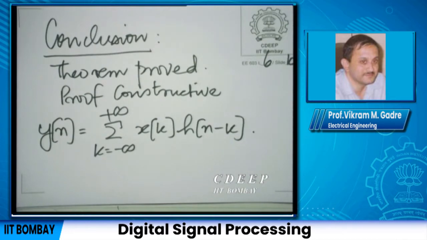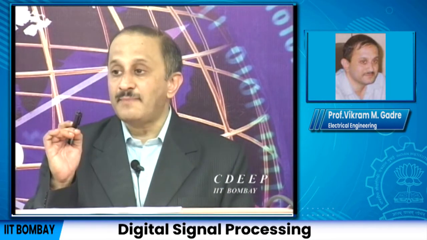So, you can visualize this. You can visualize that if the system were to respond to a unit impulse with a sequence hn, and what you have is the output is essentially this sequence hn shifted by all possible shifts, and the particular shift by k is multiplied by the input sample at the point k, and all such shifts are added together. This is one interpretation.